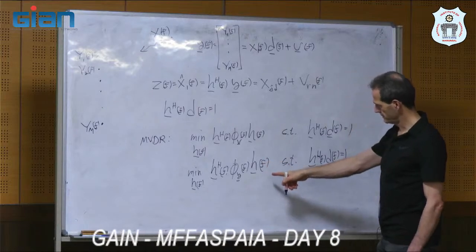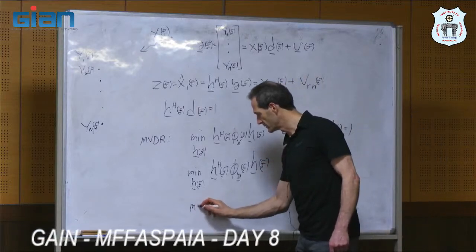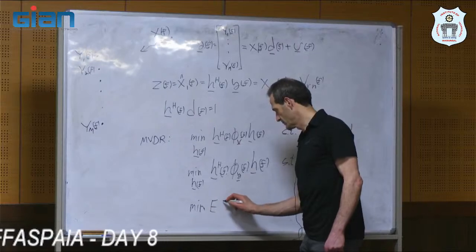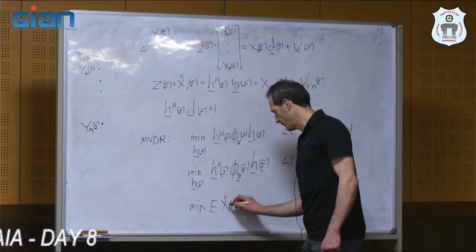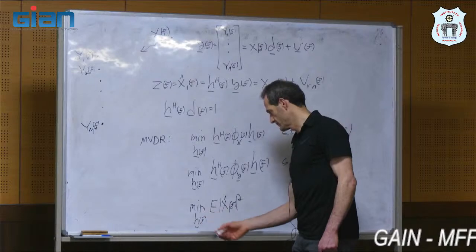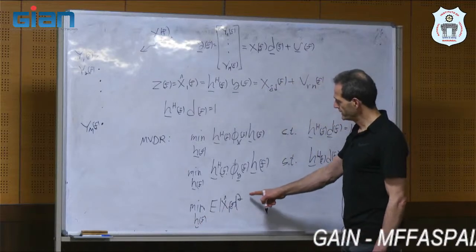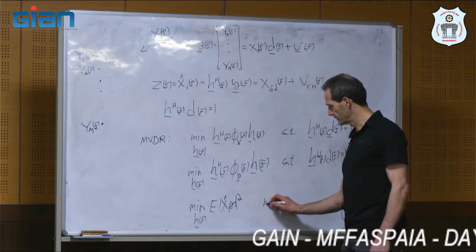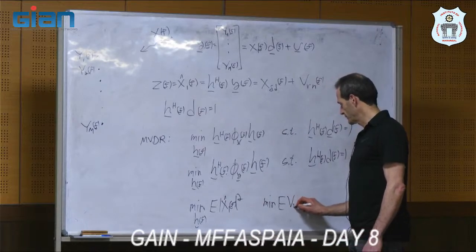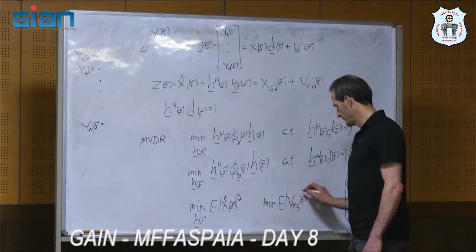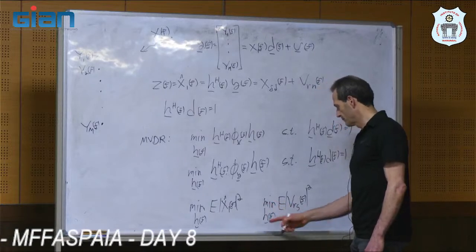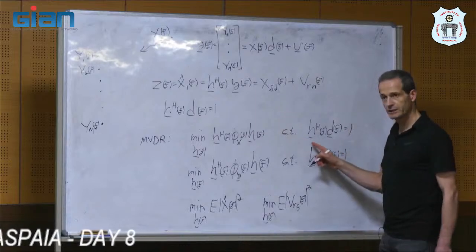So if we try to minimize the variance of X1 hat F magnitude squared, it's equivalent to minimizing the variance of V residual noise magnitude squared, if both are under the distortionless constraint.